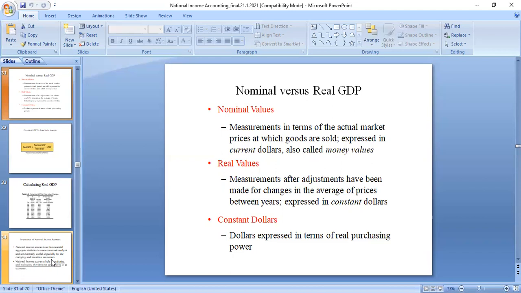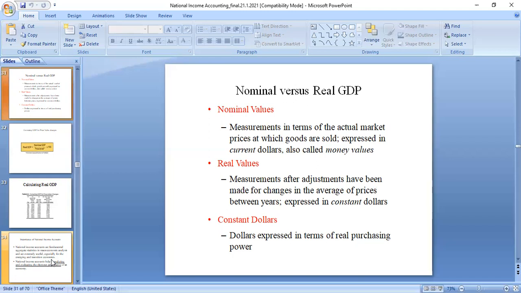For all those goods, the machinery, all the goods sold, the clothes and so on, we are looking at them. Nominal means monetary. So we are looking at all those final goods and services at market price. That's what we mean by nominal value or nominal GDP.